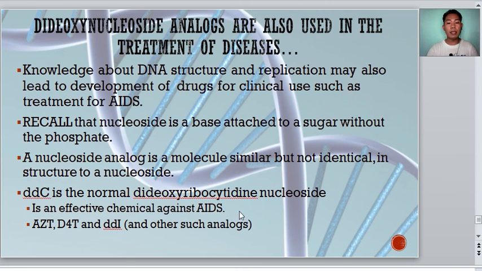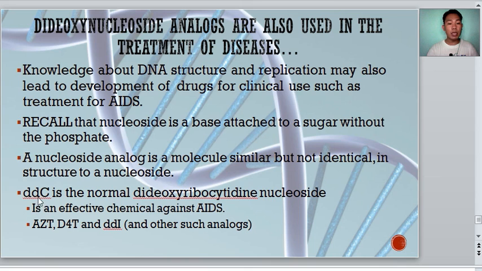Others, for example, are AZT, D4T, and DDI, and other such analogs. AZT is 3-azido-2,3-dideoxythymidine.